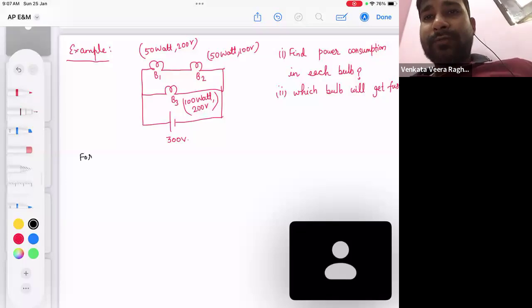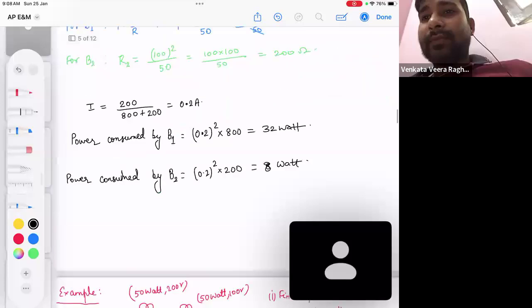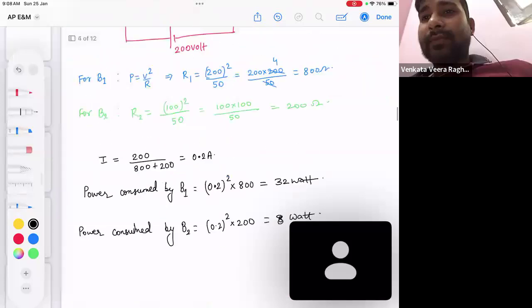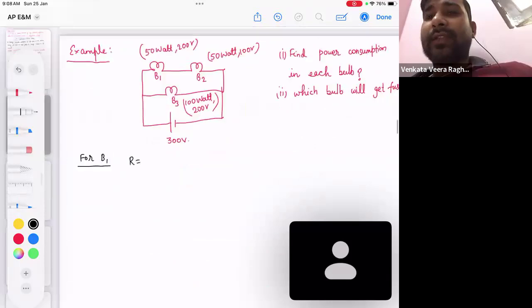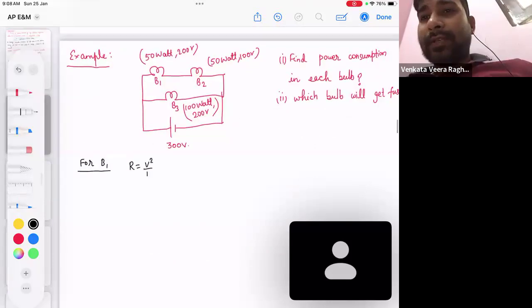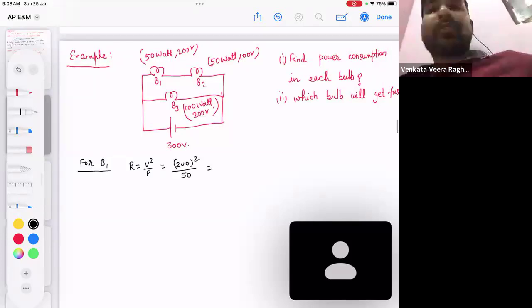For bulb 1, what will the resistance be? Power equals V square by R, so the resistance equals V square by P. The voltage is 200 square, and power is 50 watt.